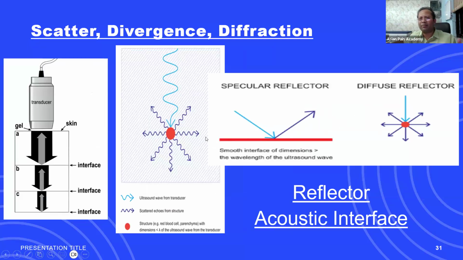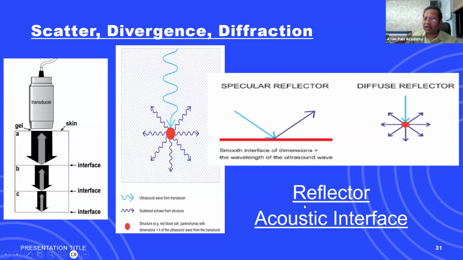If it causes multiple waves in multiple directions, if the surface is too irregular and the incident sound wave goes in all directions, then it is called scatter. So this is also a way how attenuation occurs.